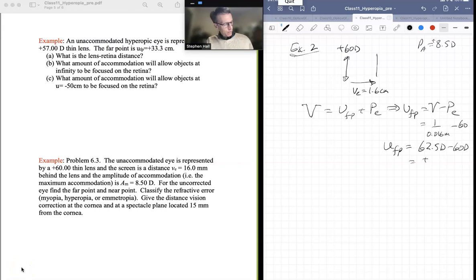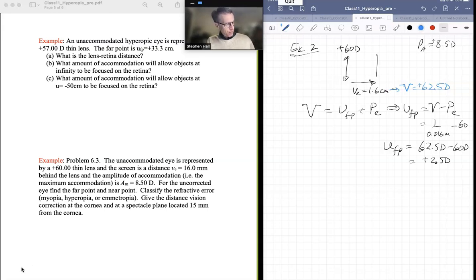So that's plus 2.5 diopters. And I'm going to remind myself, in case this is useful down the road, that this image divergence here is plus 62.5 diopters. Okay, so we've located the far point.